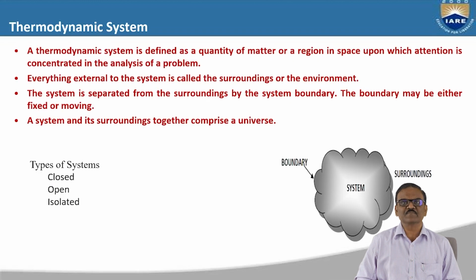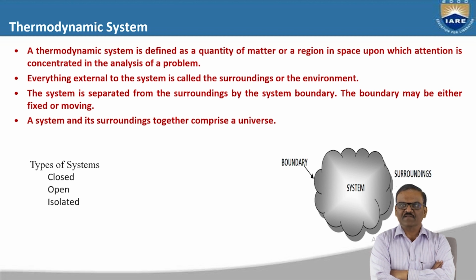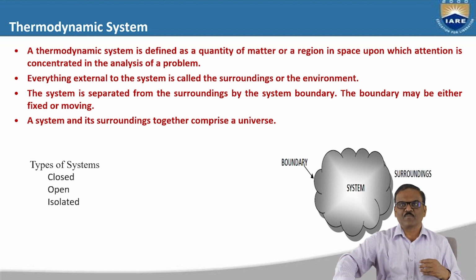Then comes, what is a thermodynamic system? A thermodynamic system is defined as a quantity of matter or region in space on which attention is concentrated in the analysis of a problem.